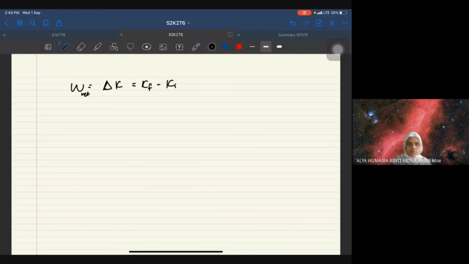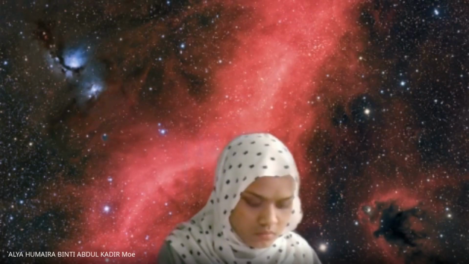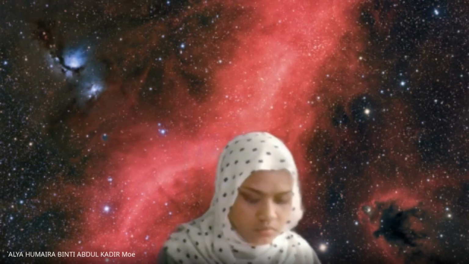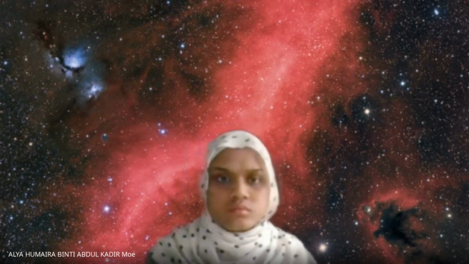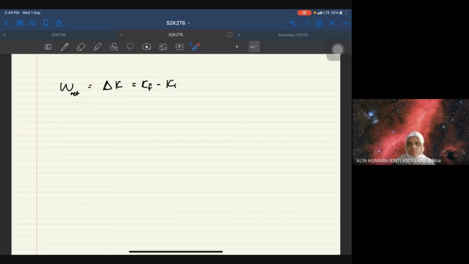There is no other work. So if you want to use this formula, make sure you use work net equals change in kinetic energy. This is very important. Sometimes people put in work by weight, gravity, or friction separately. That is wrong. Focus on work net, then you use this equation.